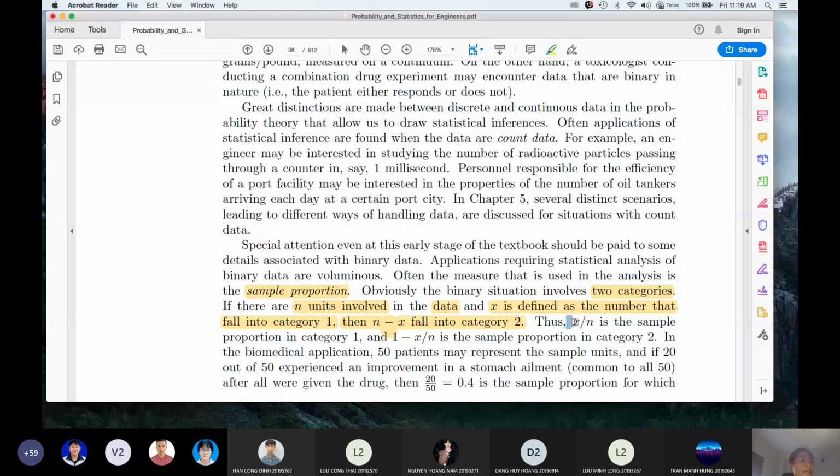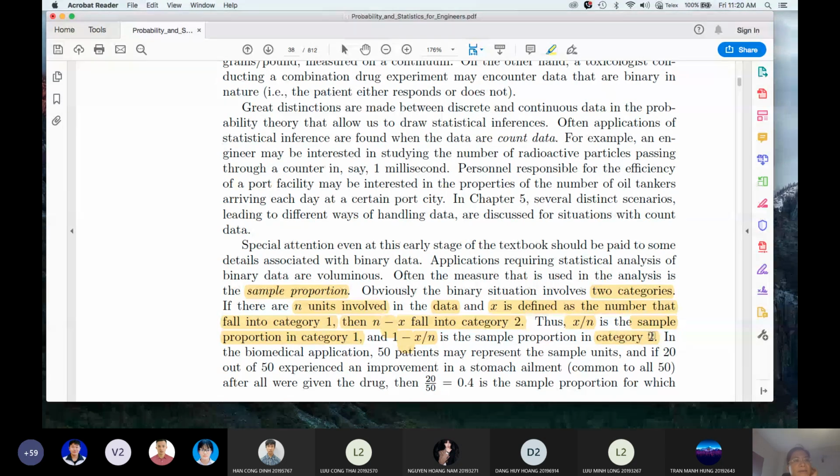So the count over n is the sample proportion in category 1, and 1 minus that is the sample proportion in category 2.